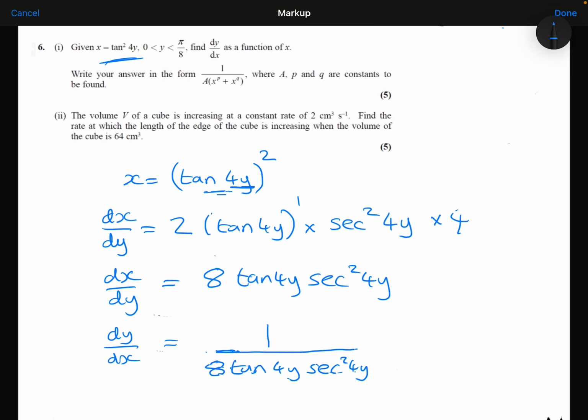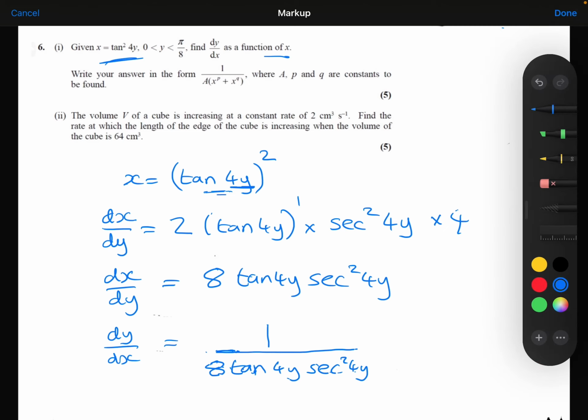Okay, so I've got my gradient function, but I've got my gradient function in terms of y. I want it as a function of x. Now, I know that x is equal to tan squared 4y.